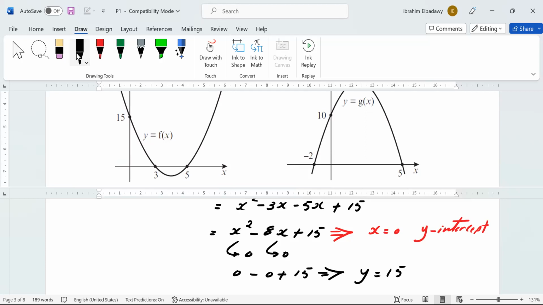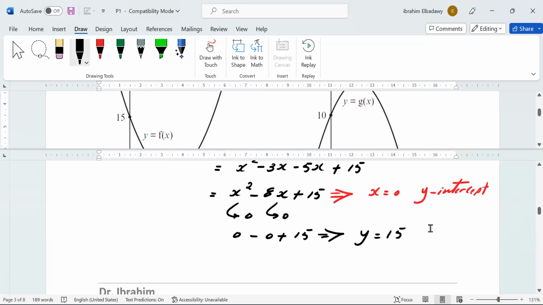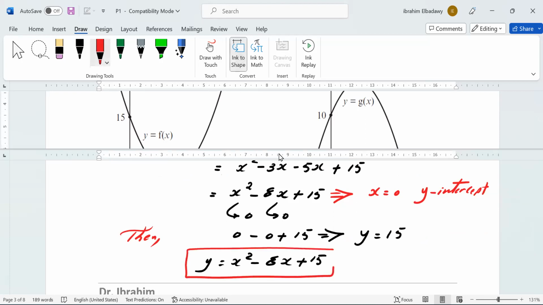Is this right or wrong? This is right, because it's already given in the diagram itself, it is 15. So you are right. If you already get whatever you have on the sketch, then this is the last formula you get. Then you can say y equals x squared minus 8x plus 15. So you get the function at the end. This is your function.